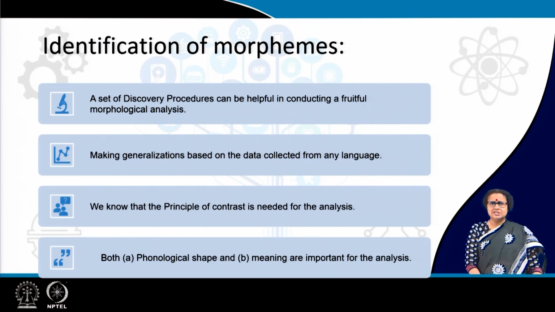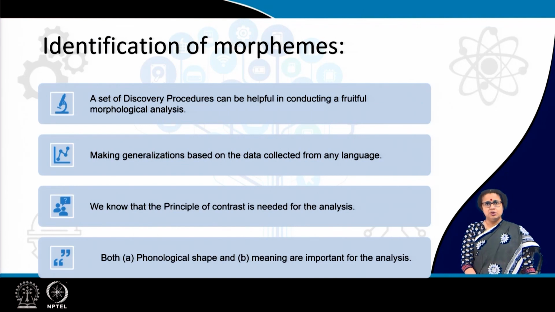So, a set of discovery procedures can be helpful in conducting a fruitful morphological analysis, and we have to make generalizations based on the data collected from any language. When you start collecting data, it happens at times that while collecting the data you figure out the generalization.